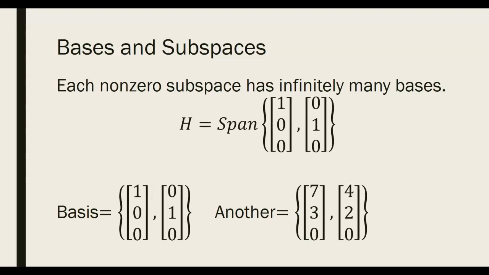Similarly, if we were dealing with the span of the first two elementary vectors, (1, 0, 0) and (0, 1, 0) from R3, obviously the two elementary vectors themselves would be a basis.